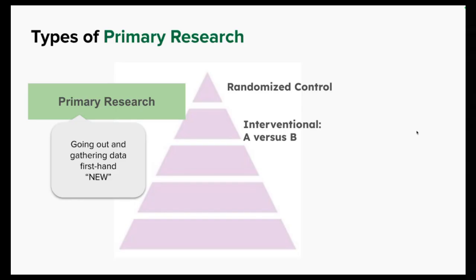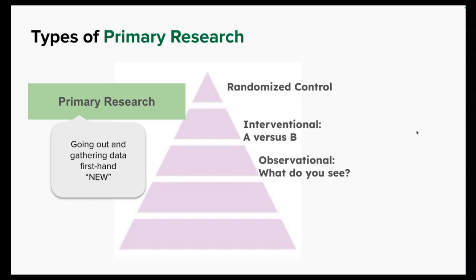In randomized control trials, you're controlling for as many things as possible, so there are very rigorous designs. Interventional, however, as you go down the pyramid, you consider things like A versus B, one treatment of care, maybe a new intervention versus standard of care.